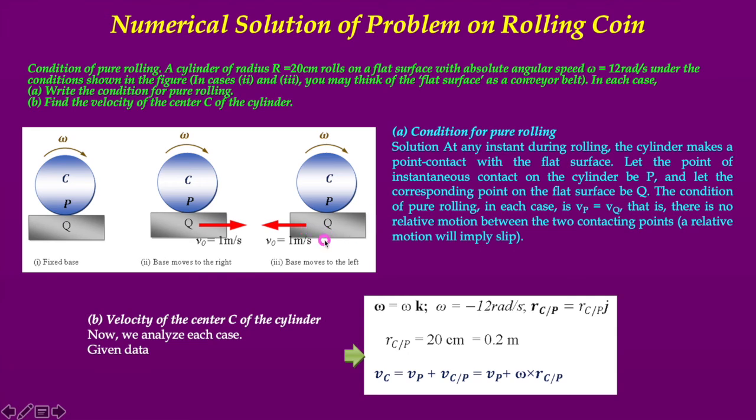So V_P equals V_Q, which is given as, for the first case 0, for the second case in rightward direction it is 1, and for the third case it is minus 1. So this is the value of V_P, which equals V_Q, and omega is given here, and R_CP we have written. Now we will substitute all these values in the equation.